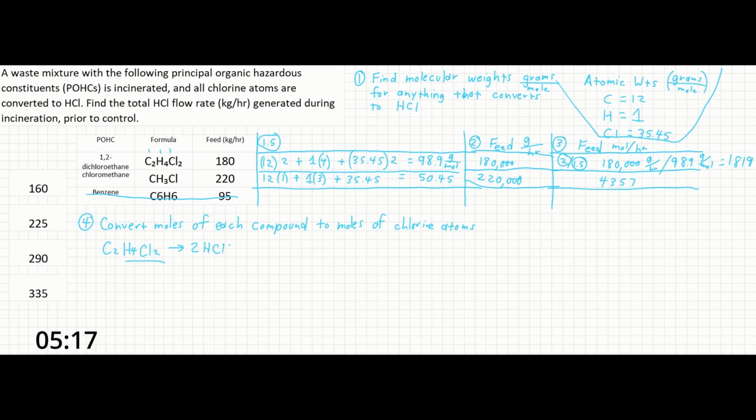Similarly, for CH3Cl, we could create 1. For benzene, C6H6, we already stated there is no Cl component here, so we're not going to have any.